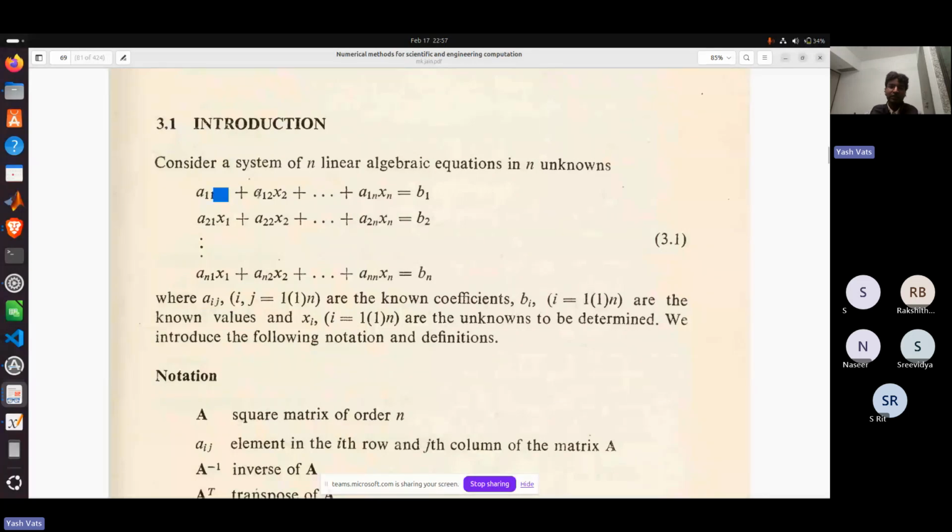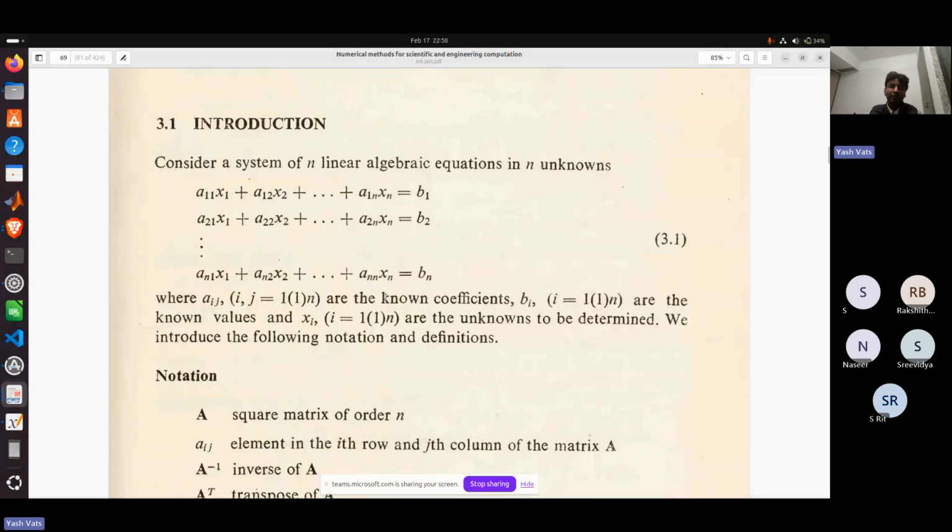Here x1, x2, up to xn are your variables and their coefficients are a11, a12 up to a1n, similarly for the others. And b1, b2, up to bn constitute the non-homogeneous part of the system of equations.